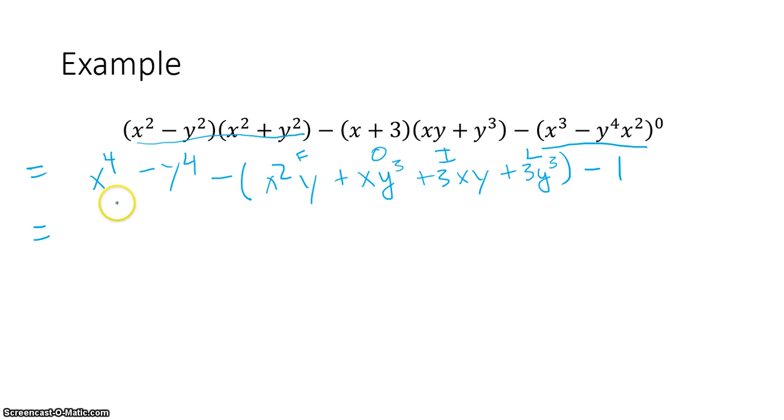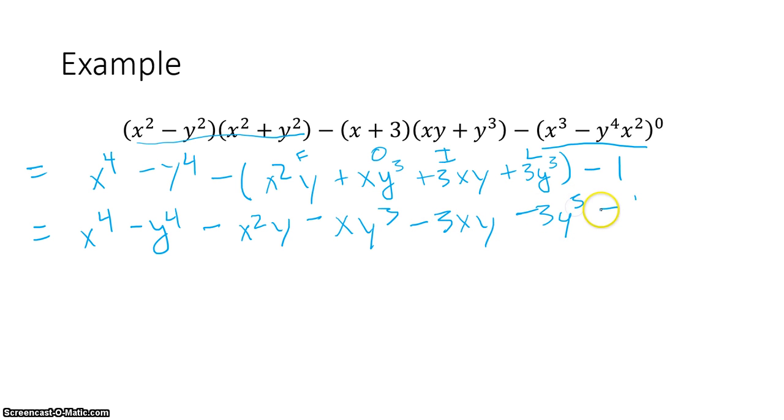Now we come back and work on our simplifications. So x to the 4th minus y to the 4th. We want to distribute the negative in, minus x squared y, minus xy cubed, minus 3xy, minus 3y cubed, minus 1. Now we want to see if there's any like terms that we can combine.